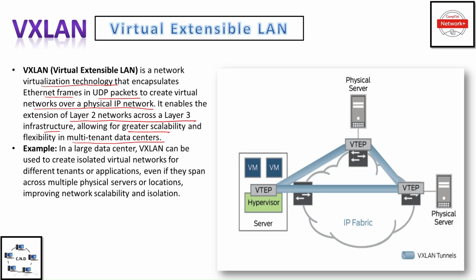For example, in a large data center, VXLAN can be used to create isolated virtual networks for different tenants or applications, even if they span across multiple physical servers or locations, improving network scalability and isolation.